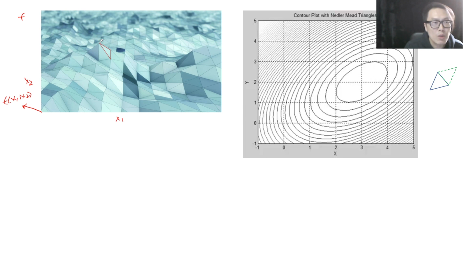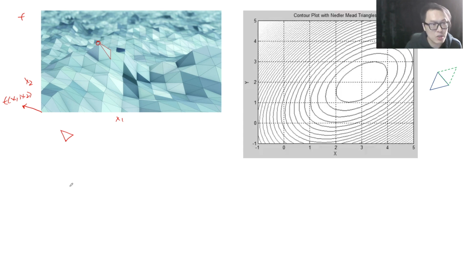So now what we are going to do is just the refraction. We have a triangle, something like that. When we evaluate the cost of each point, we find out that this point is the highest point. So what we are going to do is roll this triangle along this side, and bring this vertex to the lower point.